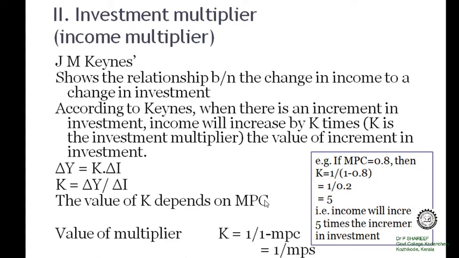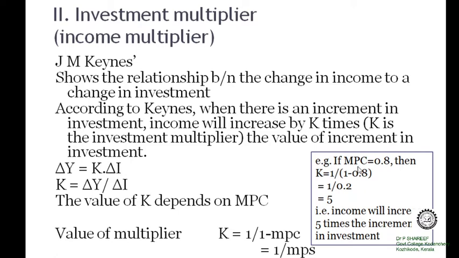Higher the value of marginal propensity to consume, higher will be the value of multiplier. The value of multiplier K can be represented as K = 1/(1 - MPC), or K = 1/MPS.